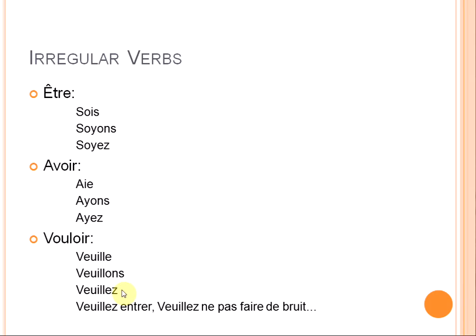And veuillez is important because we use it a lot for polite requests or invitations. For example, veuillez entrer, so please come in, veuillez entrer s'il vous plaît. Or this one, veuillez ne pas faire de bruit, so please don't be noisy.